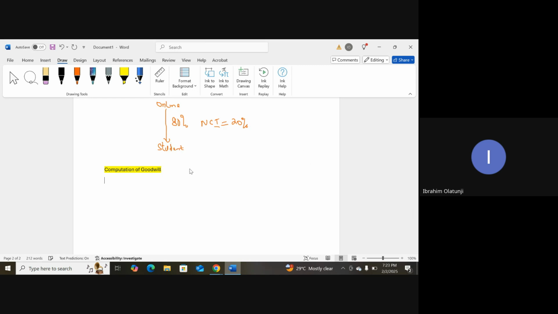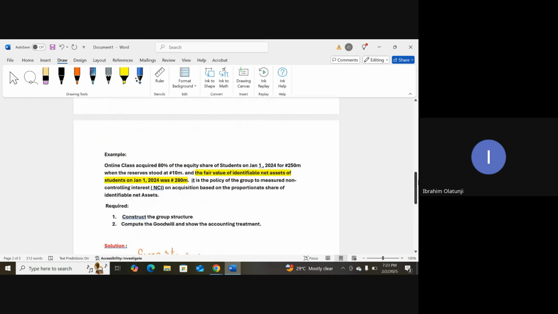So for this computation of goodwill, you can start with: when Online acquires Students, how much do you think Online paid? Let's read it once again. Who can read this part, to know how much Online paid to acquire Students? Online class acquired 80% of the equity share of students on January 1st, 2024 for 250 million.